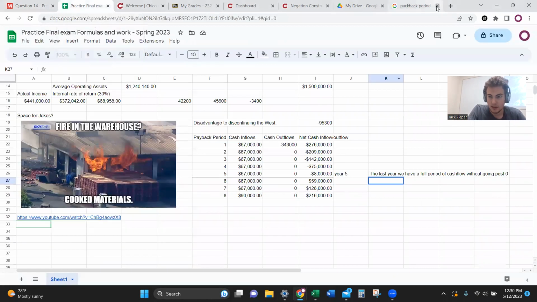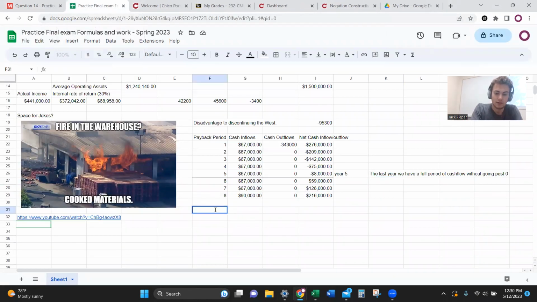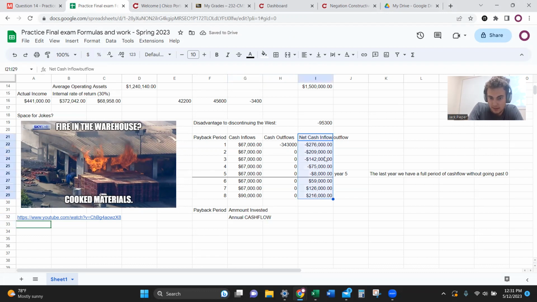So when we're doing our payback period estimations, payback period is equal to the amount invested divided by the annual cash flow. What I was doing here was the net operating income, and this isn't cash inflow.